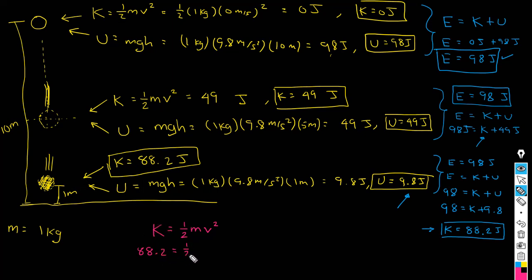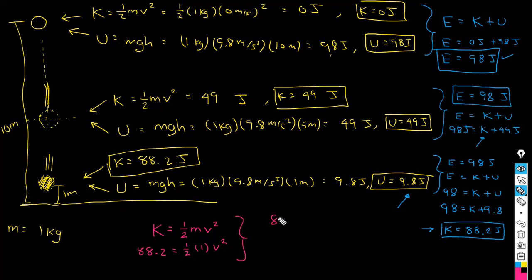That's equal to 1/2 times the mass of the particle, which is 1 kilogram, times its velocity squared. And look at this. We have an equation which only contains v as the variable, and we can isolate this variable to find the velocity of the particle at this precise moment. So let's do it.